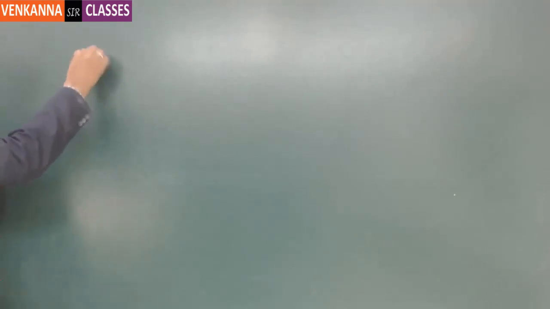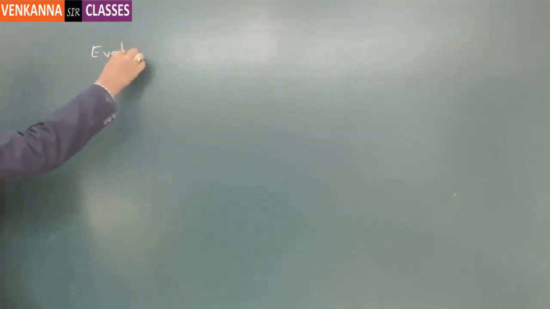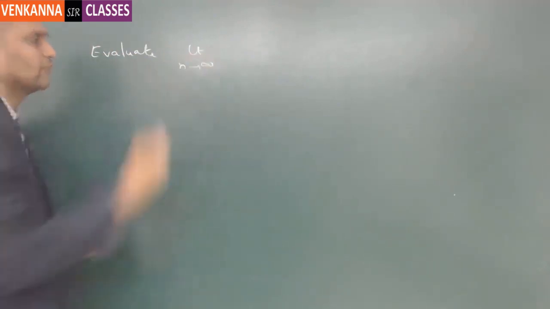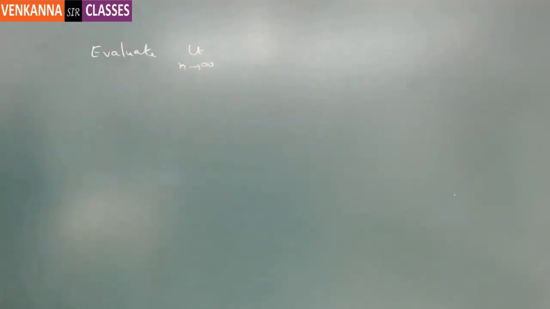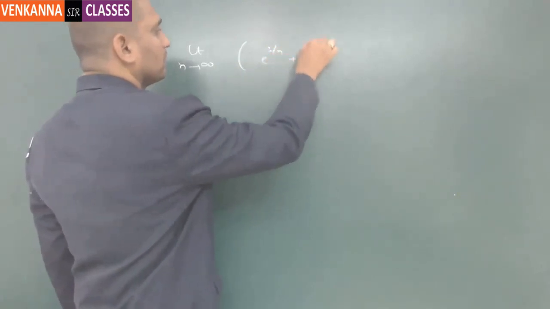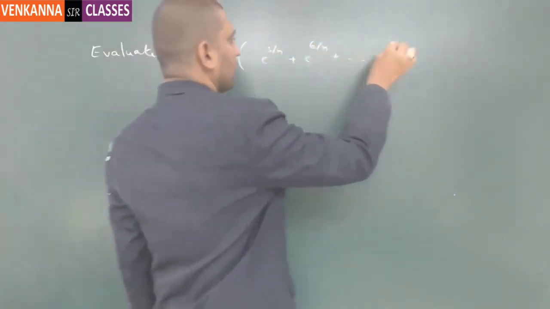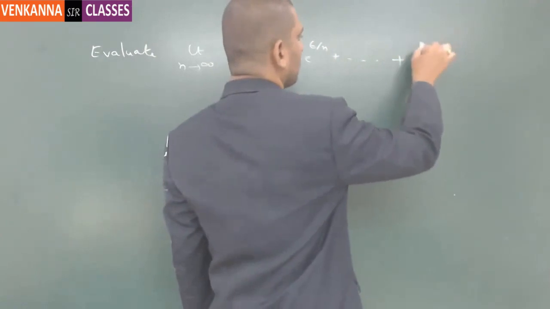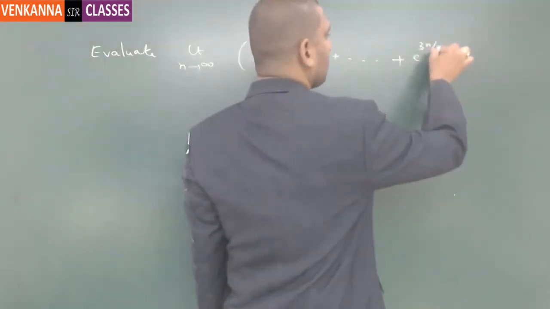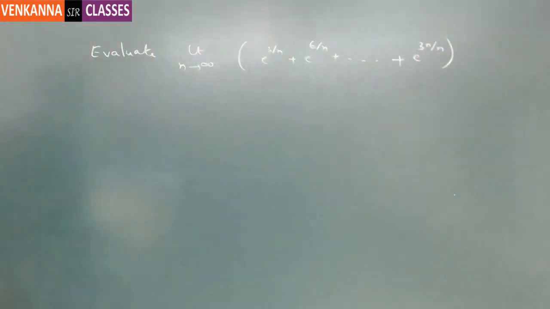Now the first problem is evaluate limit n tends to infinity, the sum of e power 3r by n. This is the first problem.